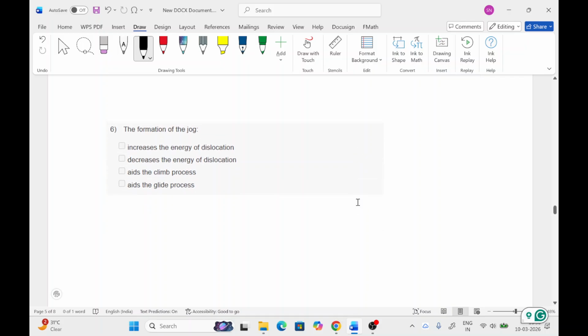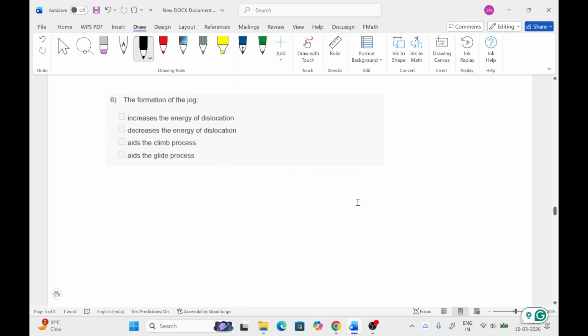So coming to the next question. The formation of the jog. Jog and kink form when two dislocations interact. In the jog, if there are two dislocations, this is dislocation one, this is its line vector, this is Burgers vector B1, and the second dislocation is like this.